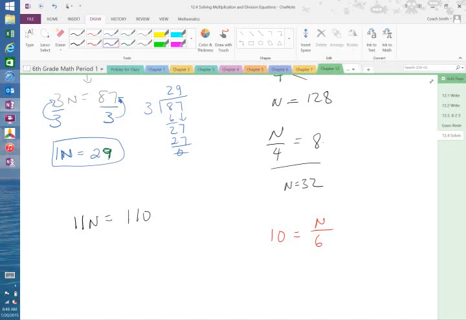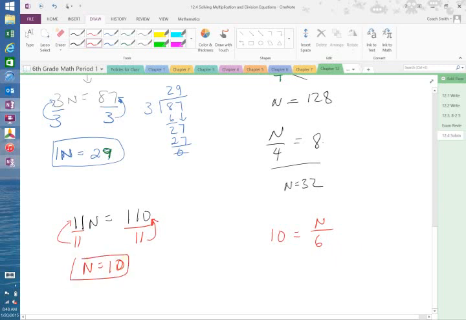Okay, we divide by 11 on the left side. So what do we do on the right side? Yep, divide by 11. So 11 into 11 goes one time, so that just leaves us with n. And then we have 11 into 110. How many times? 10 times. Good. So the answer there is 10.